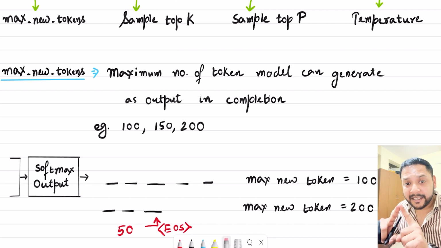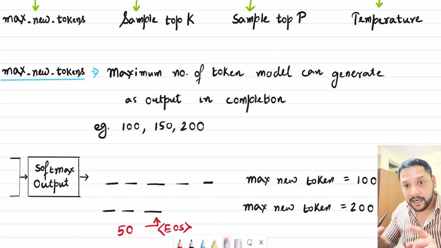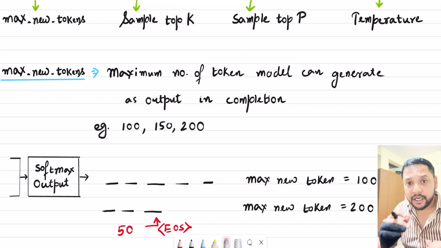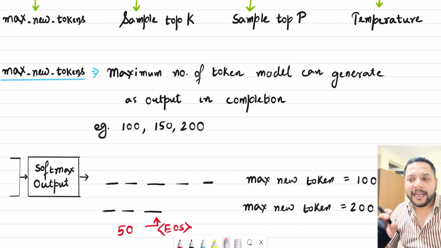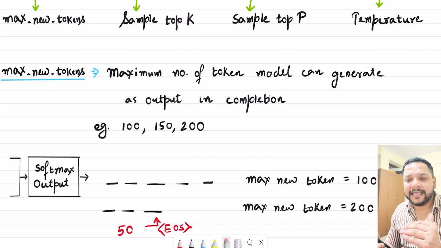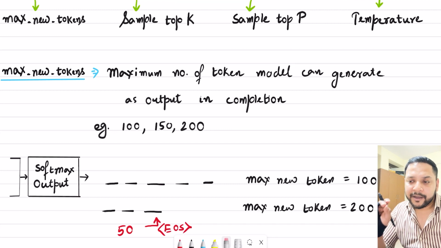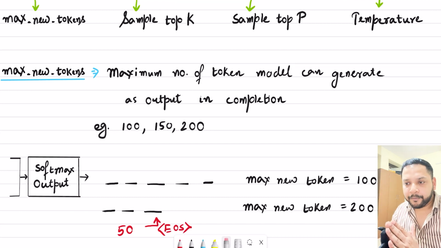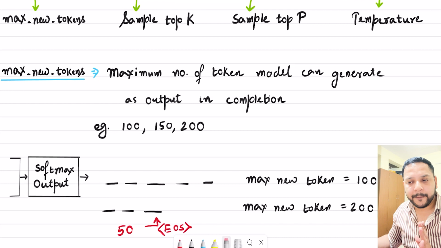It means that the maximum number of tokens is 200, so the model can generate a maximum of 200 tokens, but as soon as it gets the end of sequence token, it will stop. Here as an example, it is predicting 50 tokens and then the 51st token is the end of sequence token, so it will stop there, but the maximum capacity is 200.